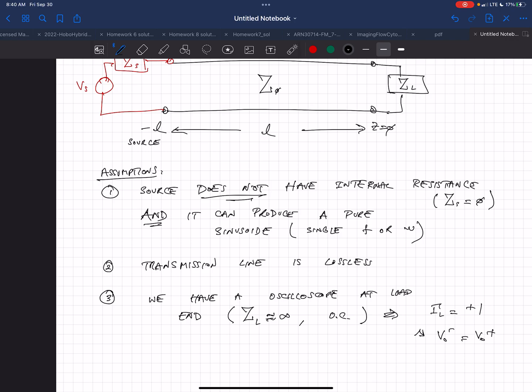And the matched impedance case, where Z sub L is equal to Z sub 0, gives a reflection coefficient of 0. Those are worth remembering.